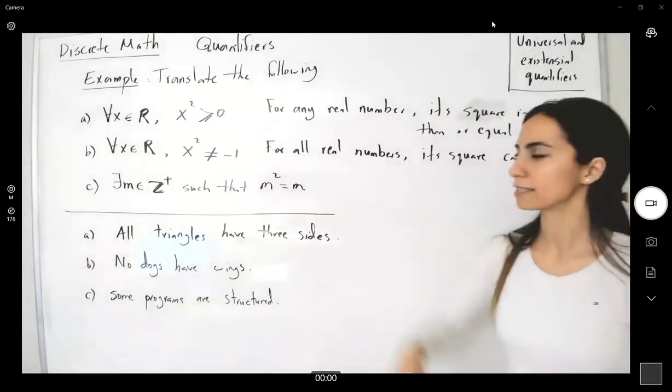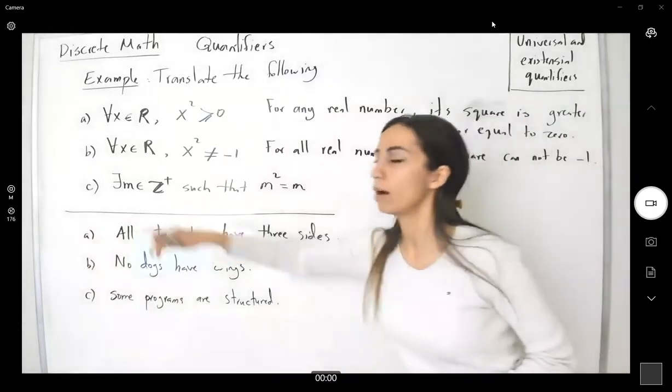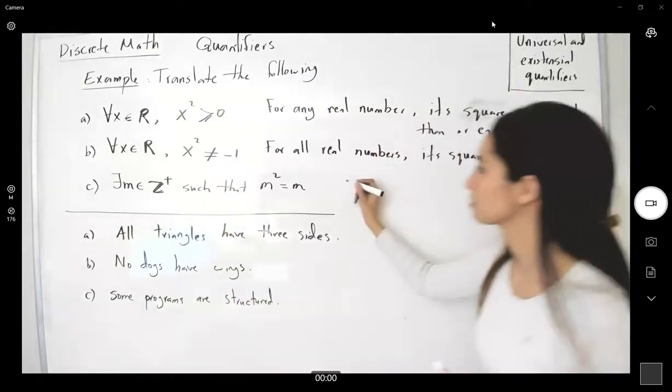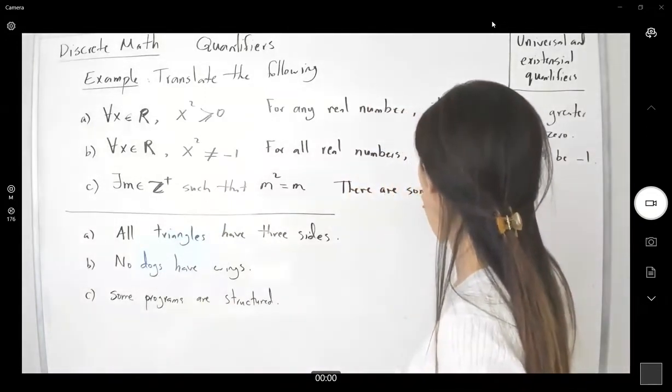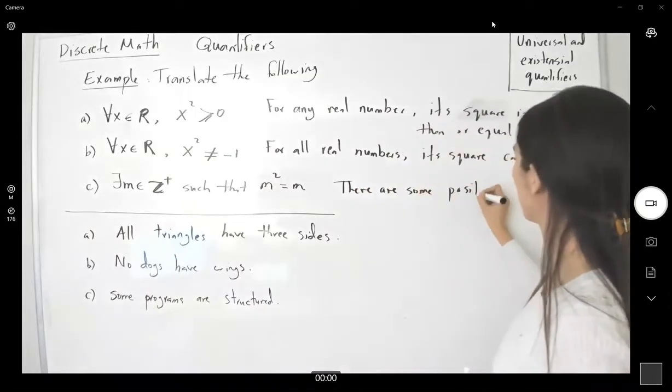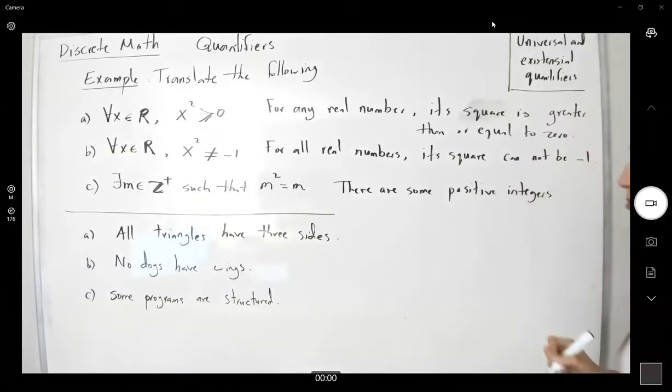Here you can say that there are some positive integers that their square is equal to themselves.